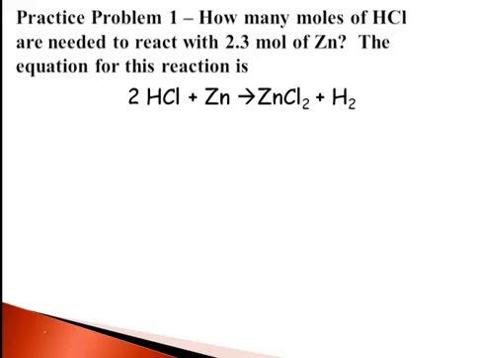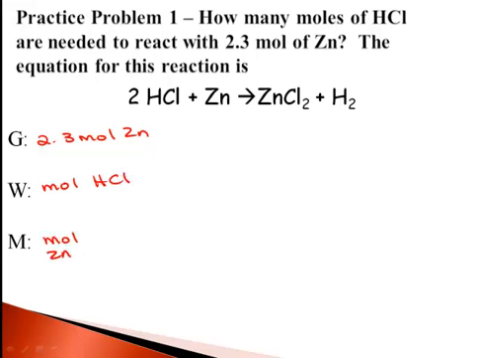So let's look. How many moles of HCl are needed to react with 2.3 moles of zinc? Well, we're given 2.3 moles of zinc, and we want moles of HCl. And so our map is moles of zinc to moles of HCl. And I do this by using my mole ratio. So 2.3 moles of zinc.